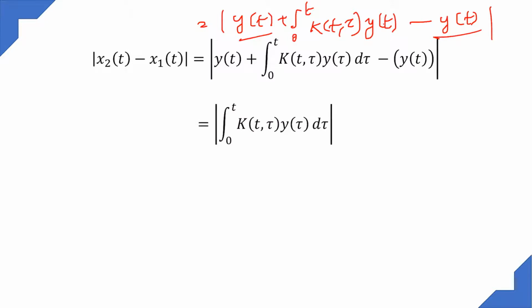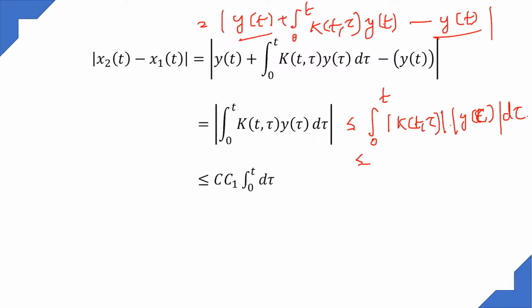What we will get is the absolute value of the integral from 0 to t of k(t, τ) y(τ) dτ, and this will be less than or equal to the integral from 0 to t of the absolute value of k(t, τ) times the absolute value of y(τ) dτ, and this is less than or equal to c times c1 times the integral from 0 to t of dτ, and the integral from 0 to t of dτ will be t.